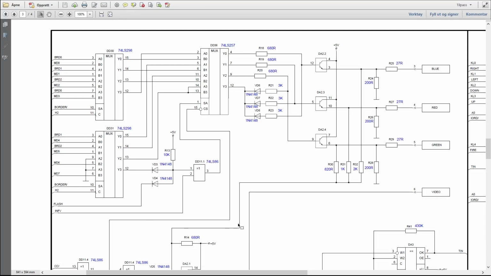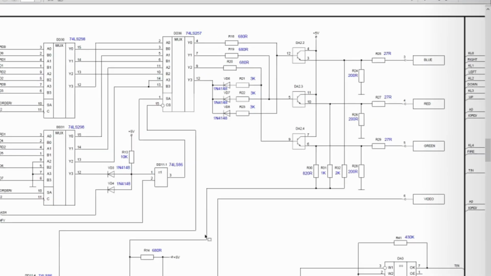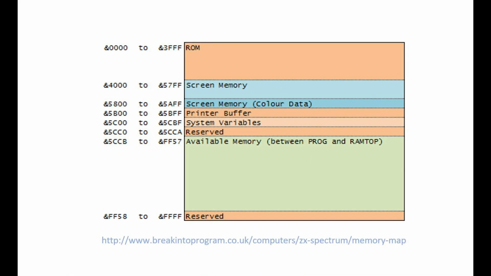And if we look into how the memory is organized, the memory map of the Spectrum is made like this, and this is just a diagram that I got from the internet. The bottom 16K is the ROM routines, and then you have the screen memory, and on top of that you have the screen memory that's used for the color data information.